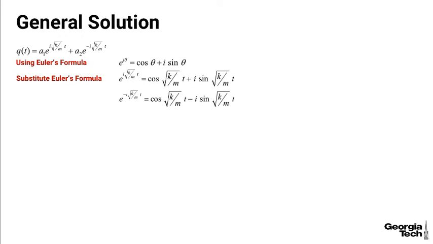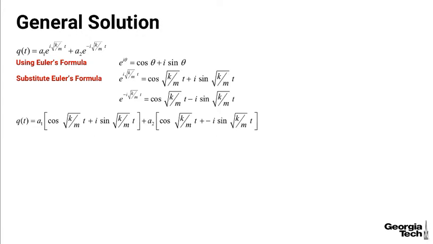For the second term, I've got e to the minus i square root of k over m t, and that's shown there. I substitute them into the top equation, so I have A1 times the quantity shown plus A2 times the quantity shown. Then I can collect terms, and I've got Q equals A1 plus A2 cosine square root of k over m t, plus i times A1 minus A2 sine square root of k over m t.